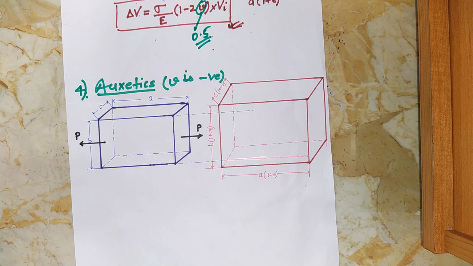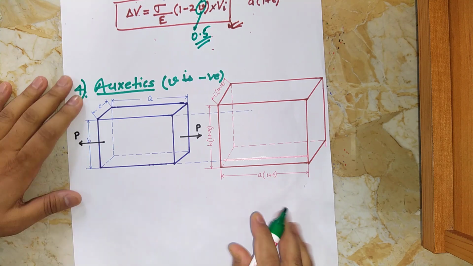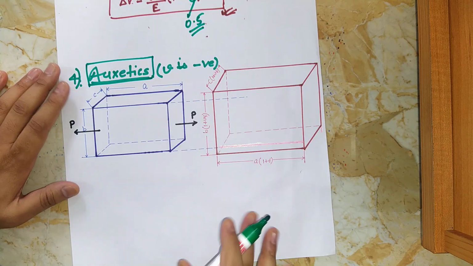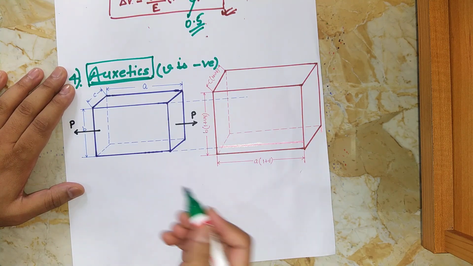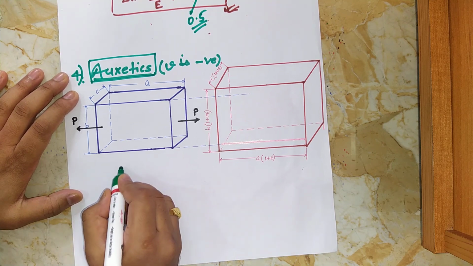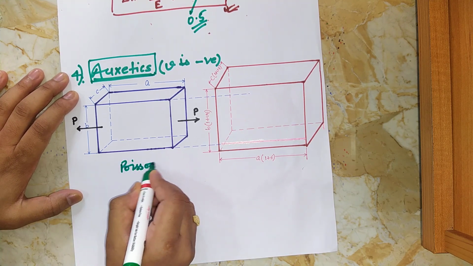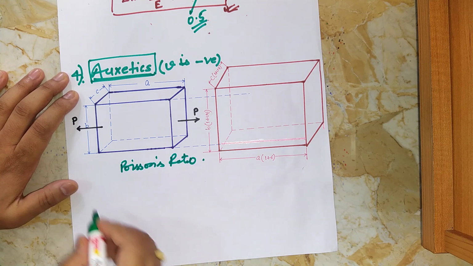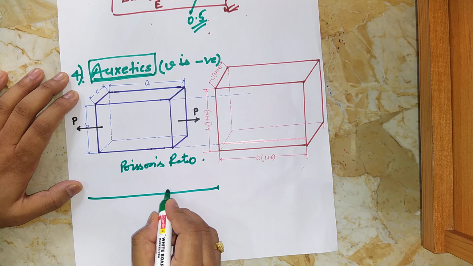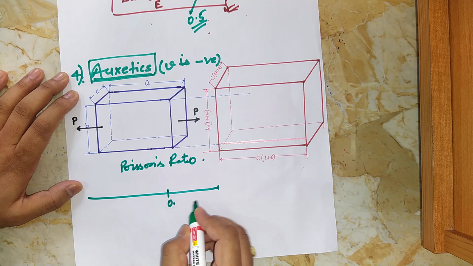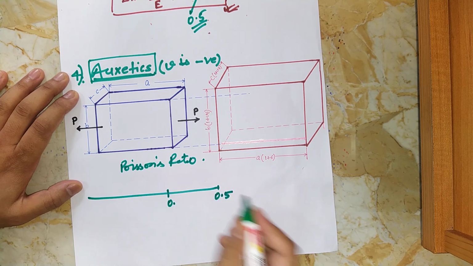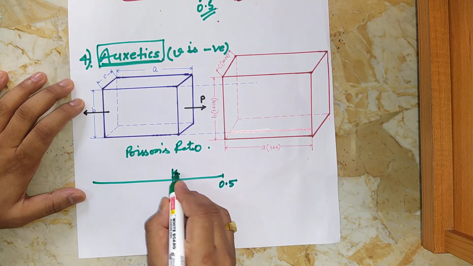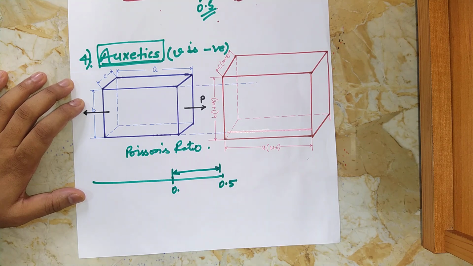Now let us take a separate example. Before starting auxetics, I will just let you know about the range in which Poisson's ratio lies. For most of the materials in general engineering use, Poisson's ratio lies between 0 and 0.5.